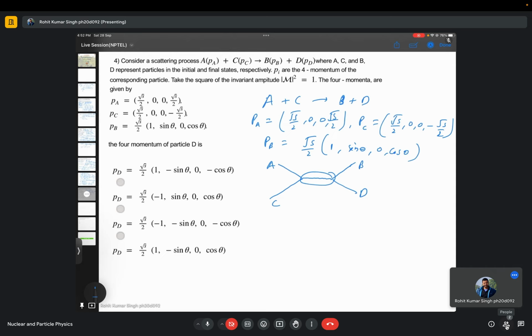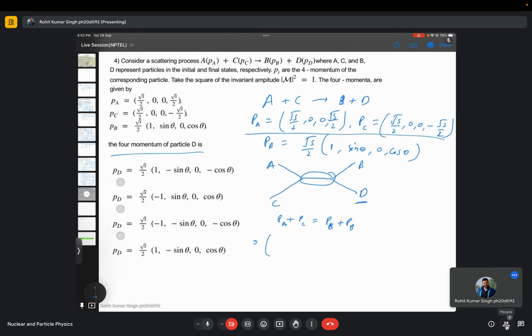Now the question is we have to find the four momentum of D. So this is simple, right? Because the four momentum should be conserved. So EA plus EC should be equal to EB plus ED. So let's write it: PA plus PC. Let's add these component-wise.